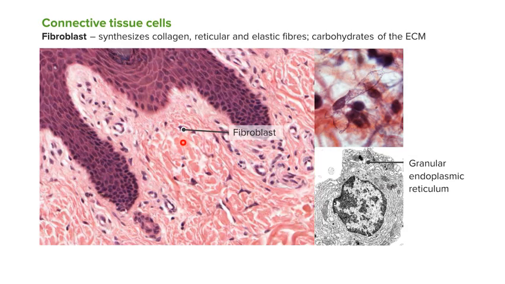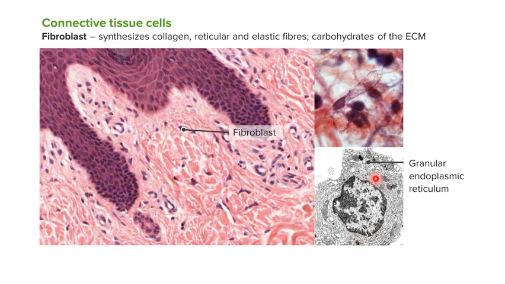So these cells are very active in producing proteins to fill up the spaces between the cells. When you look at an electron micrograph of a cell, you will see that these cells have a lot of endoplasmic reticulum and a lot of ribosomes.